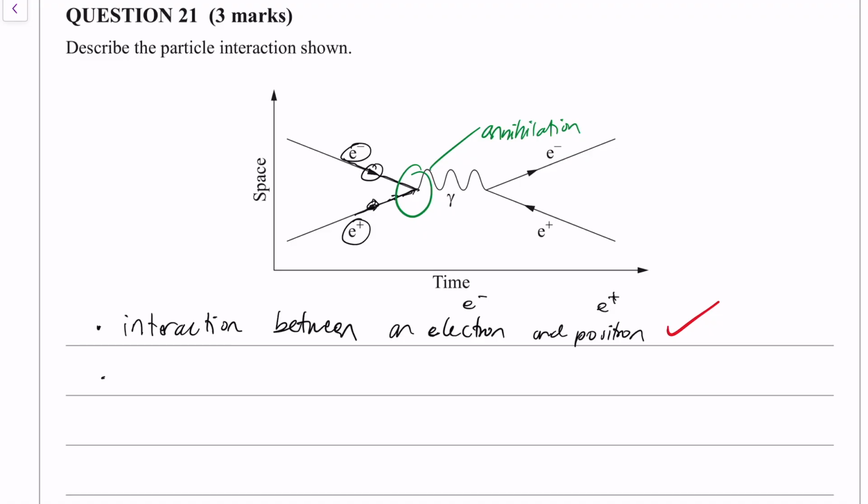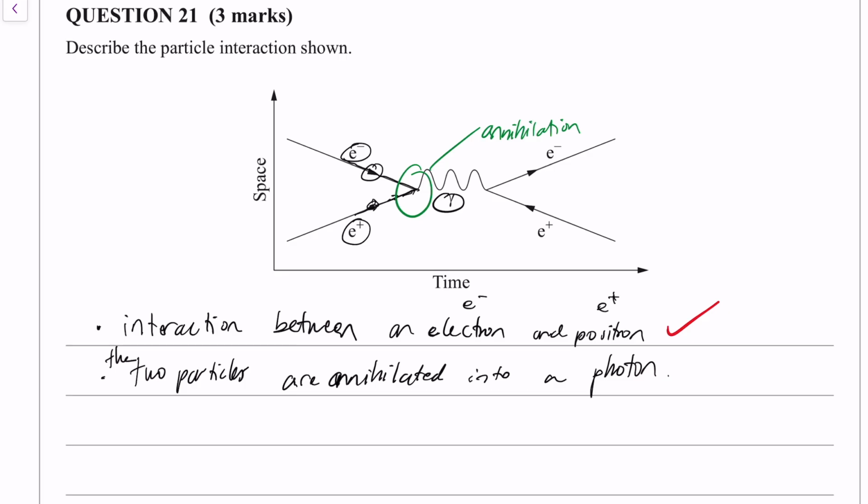So the second mark is really just saying the two particles are annihilated into a what? What's this symbol? That gamma symbol is a photon. Okay, this is really just rote learning. You need to know what these symbols are.